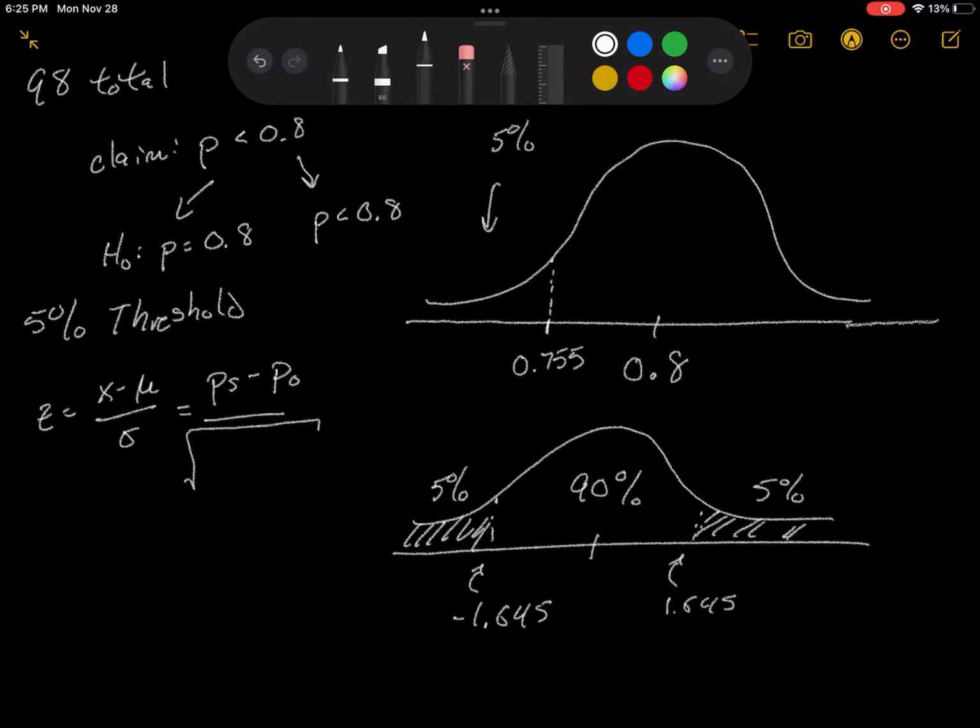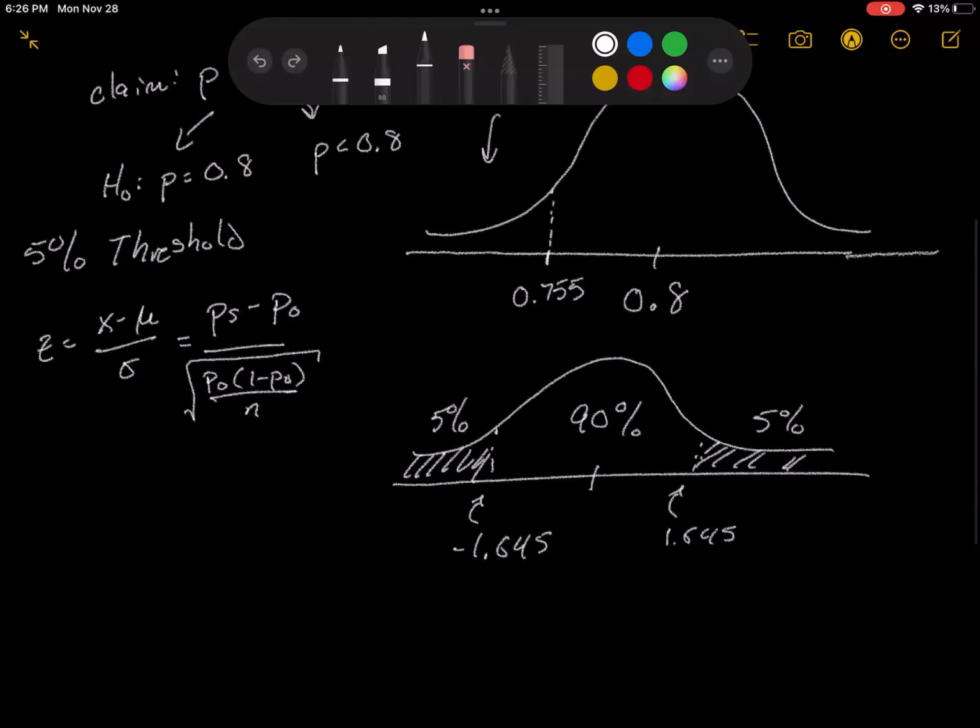And the standard deviation of proportions is the square root of P naught times 1 minus P naught over N. It's the exact same thing as when we were estimating proportions using sample data. That P naught is always going to be where you choose to center your curve.